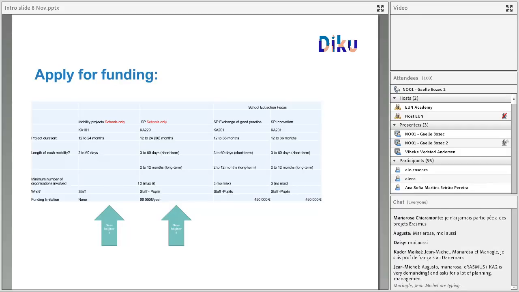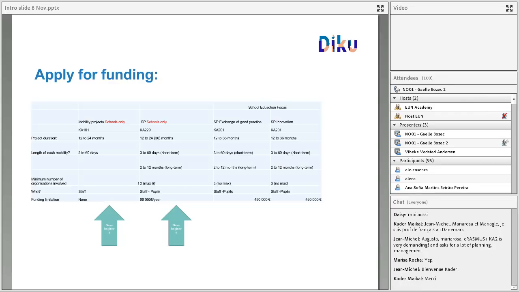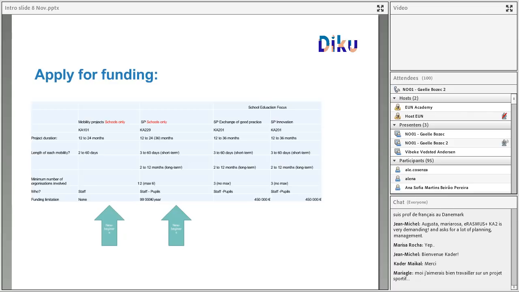In Erasmus Plus for Schools, there are actually 3 types of strategic partnerships, but only 2 different ways of applying. That might be confusing, but once you know what you want, it's very easy. You can't go wrong.